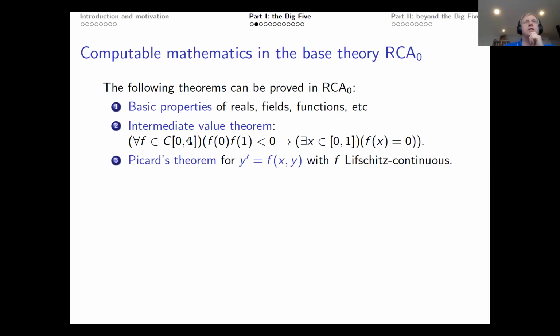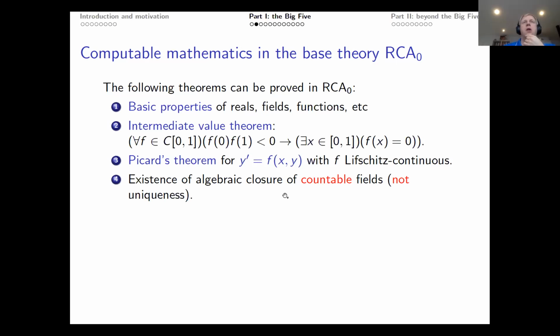But also analysis, like we can solve this differential equation if f is nice, so Lipschitz continuous. And this is called Picard's theorem. So there's a computable function y, which satisfies this differential equation. We can show that algebraic closures exist, so we can do basic Galois theory, but we can't show that these fields are unique.